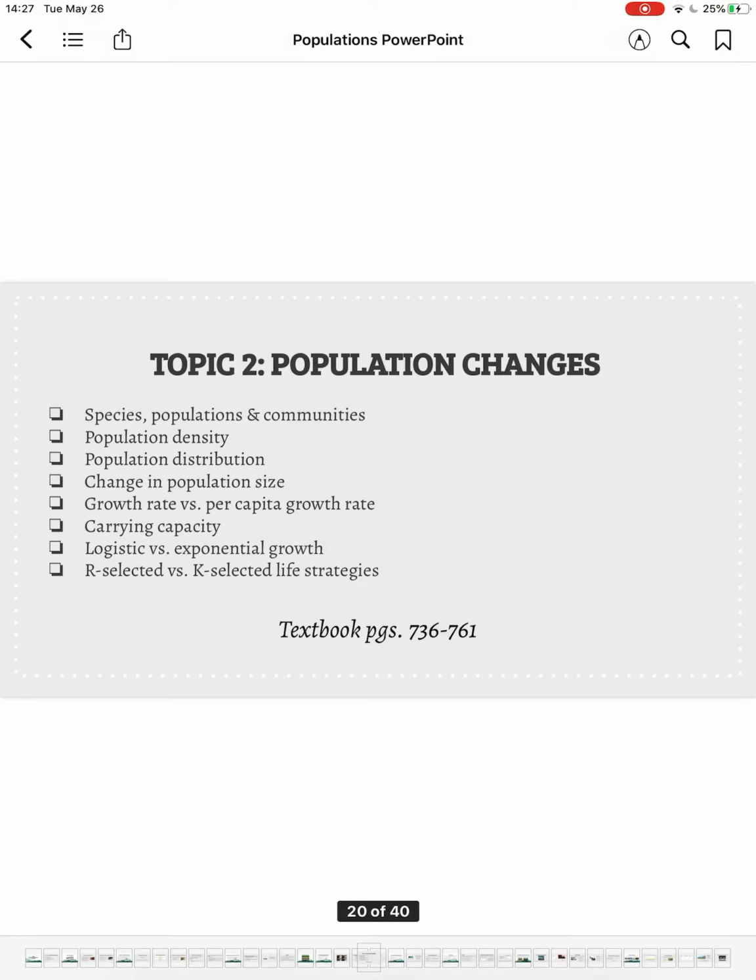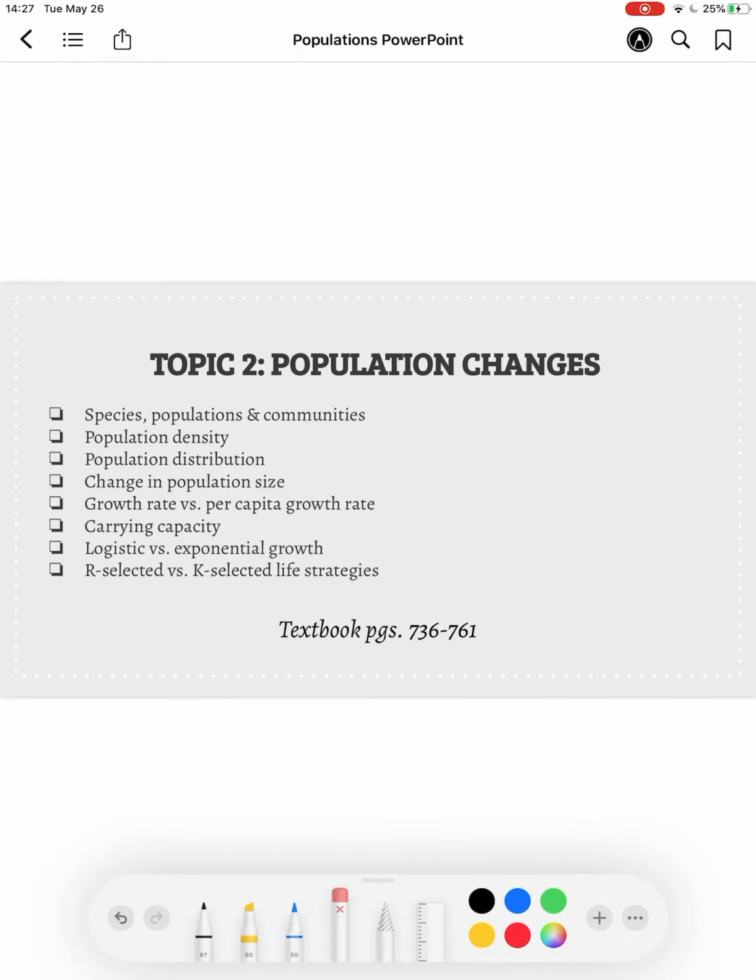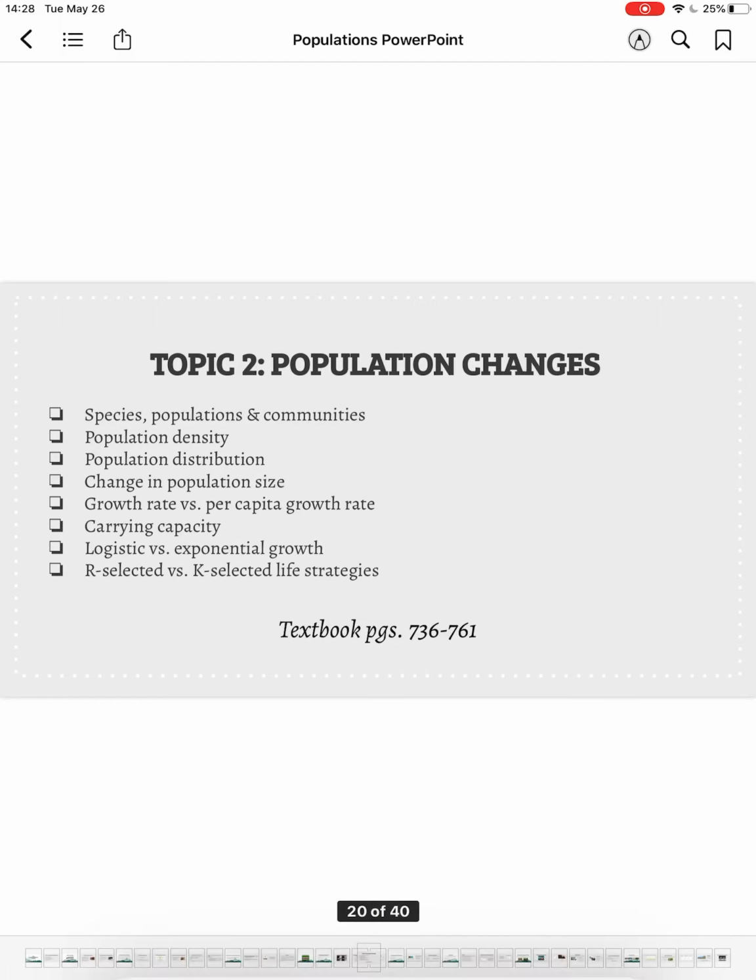So for now, we'll do this, which corresponds with your book. This is not the textbook pages because this is using a different textbook, but it is the chapter 20 and 20.1 that goes along with your booklet.